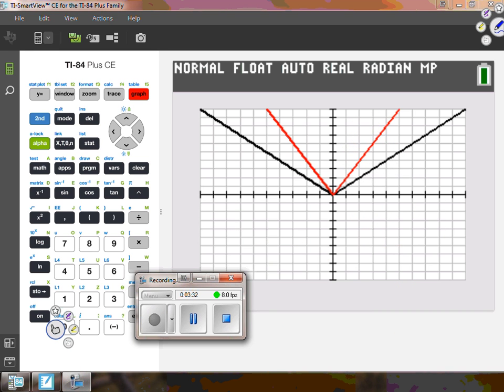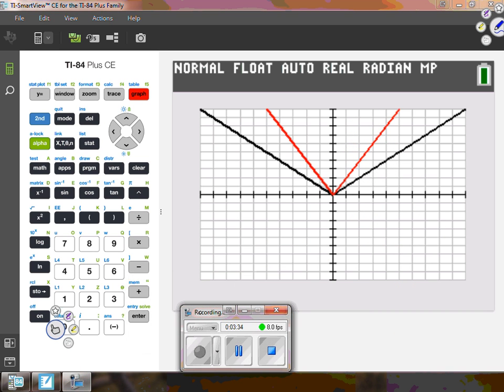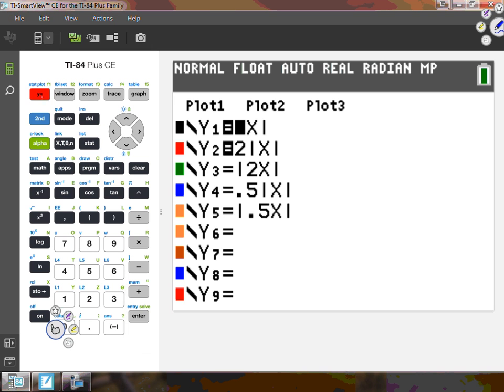Next, I've cleared the screen, and we're going to go back to y equals. Let's turn the 2 absolute value of x off by hitting enter. Turn the absolute value of 2x on by hitting enter, right on top of the equal sign.